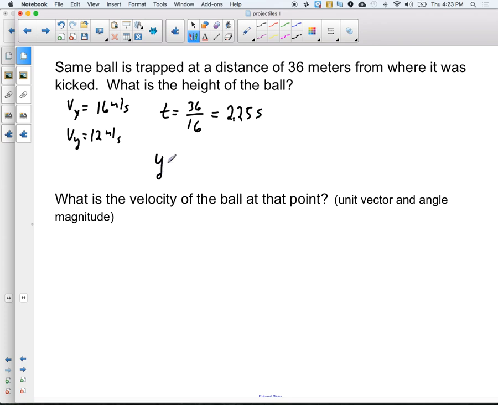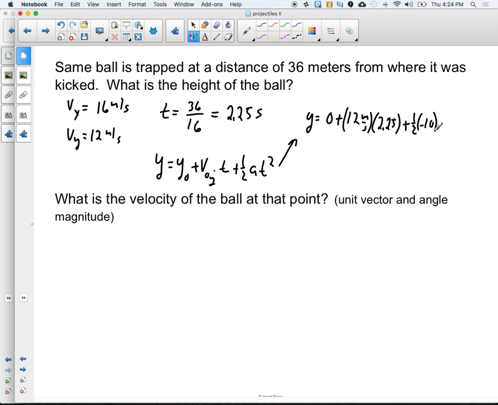From that, I can calculate the height. So y is y0 plus v0 in the y direction times t plus 1/2 a t squared. That looks like y is equal to 0 plus 12 meters per second times 2.25 plus 1/2 times minus 10 times 2.25 quantity squared.